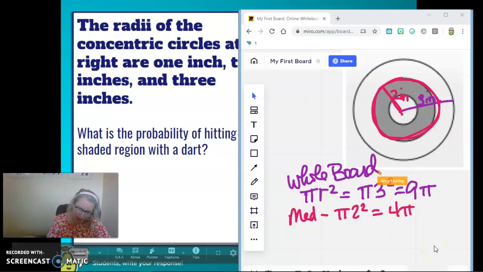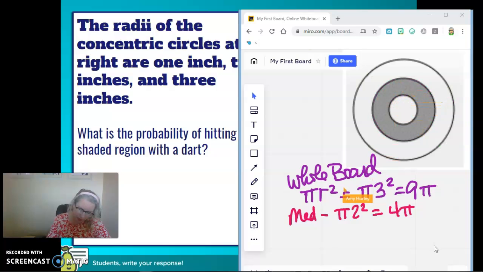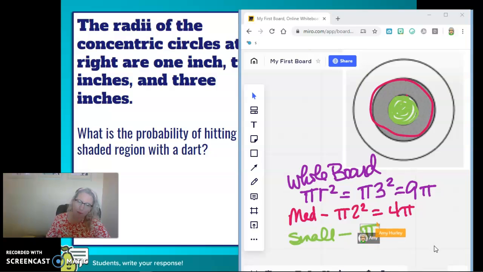Okay, and now to find the shaded area, we're going to need to take this medium circle and subtract that green part there. That's the small circle. The radius of that small circle is 1. So the area of the small circle is pi, because 1 squared is 1. Or 1 pi, we could call it 1 pi.